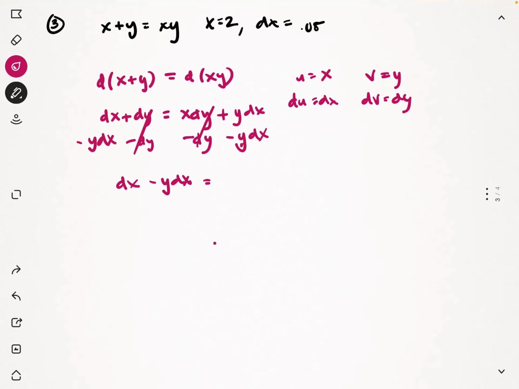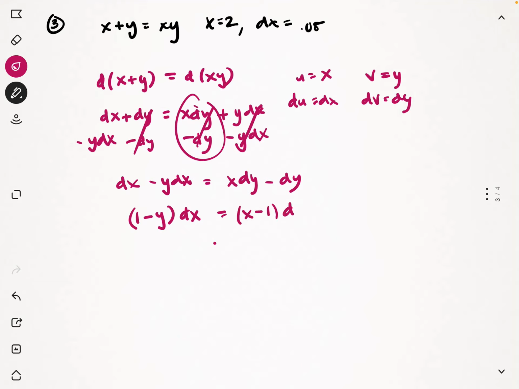It's actually this cancels and this stays. So we have x dy minus dy. We're going to factor out our dx's and dy's. So this is going to be 1 minus y, and we should put the dx in the back: dx equals x minus 1 dy.